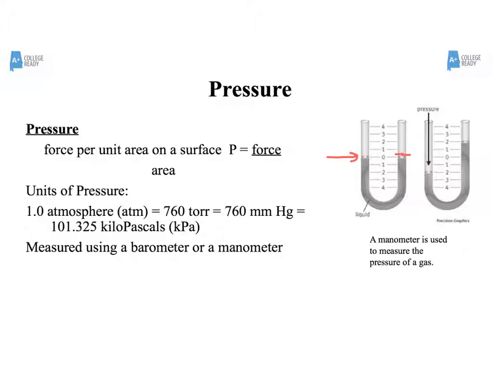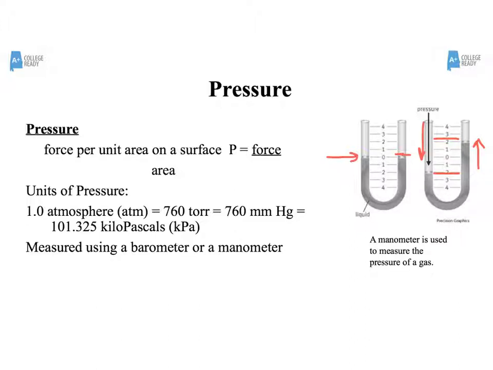But when we exert a pressure on this, that's going to cause this side to go down, and in turn this one's going to go up, and the displacement between those two sides would be the pressure that the gas is exerting on it.